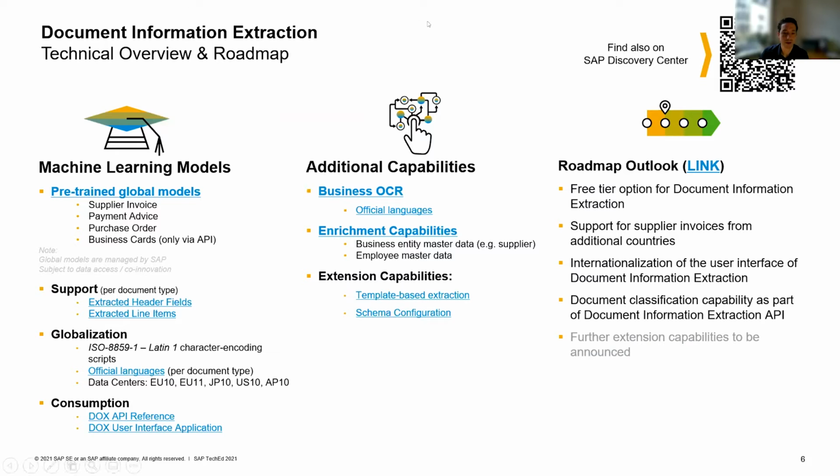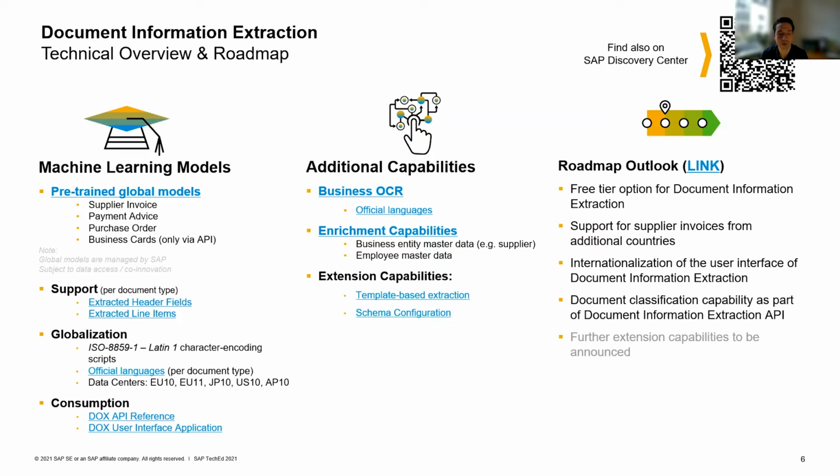So I also prepared one slide which shows the technical overview and the roadmap for document information extraction. By scanning the QR code in the upper right corner, you'll get to SAP Discovery Center, where you'll get also some additional information about this service.